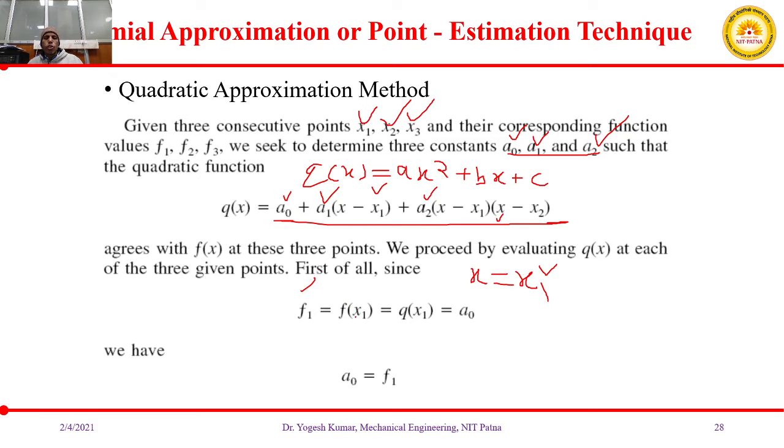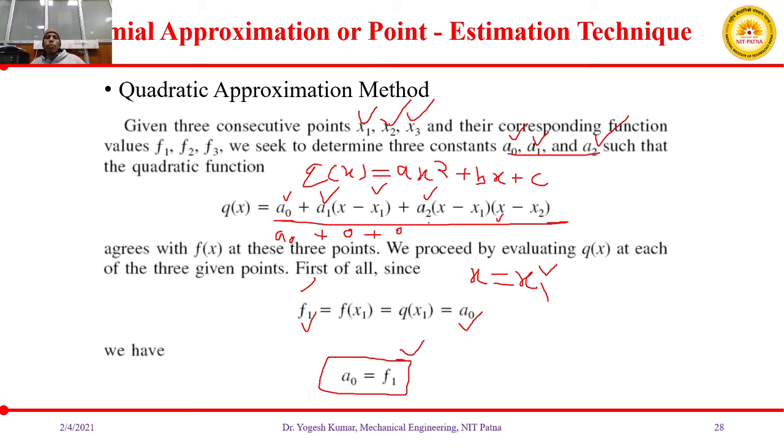If you put x equal to x1, this will be a0 plus a1 into (x1 minus x1), so this term will be 0. Similarly, a2 into (x1 minus x1), so again this term will be 0. This way f1 equals a0. So we can say that a0 is equal to f1.